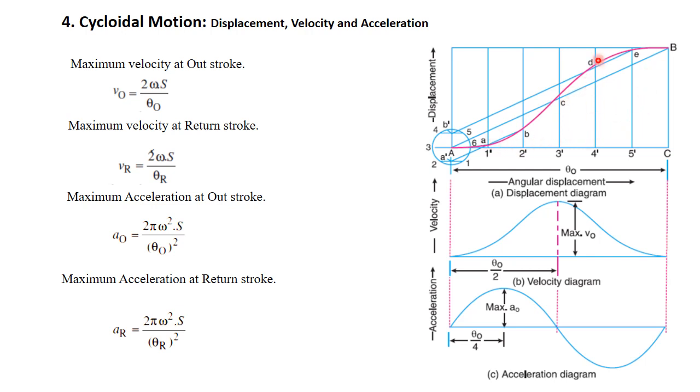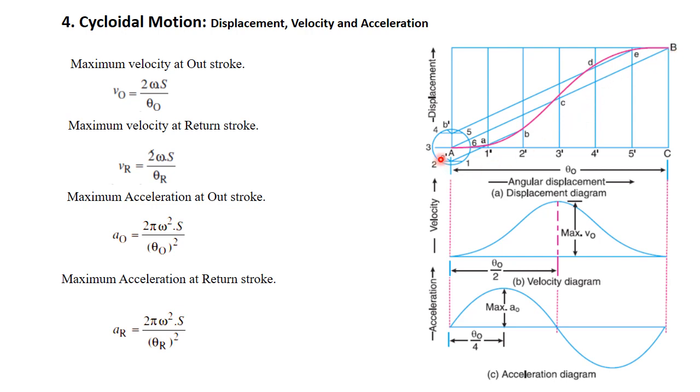At 4 dash it intersects at point D, and at 5 dash it intersects at point E. So in this way we get small a, small b, small c, small d, small e, and the starting and end points are already there.